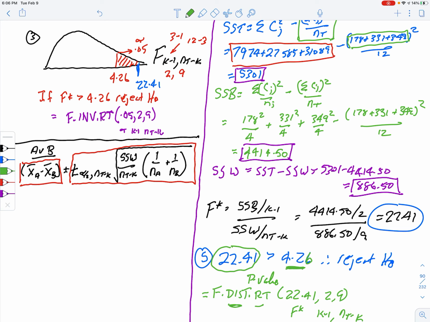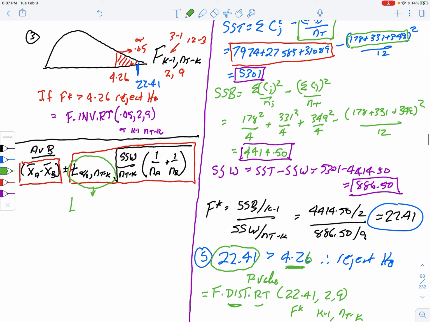Now we've got all of these numbers here, except for this one here. Well, we don't have the X bars, but they're easy to find. But let's get this one right here. This is going to be a t of 0.025, because we'll assume an alpha of 5%, right? 95% confidence, and so an alpha of 5%. And then NT minus K was 9.